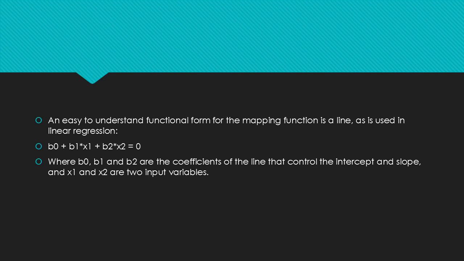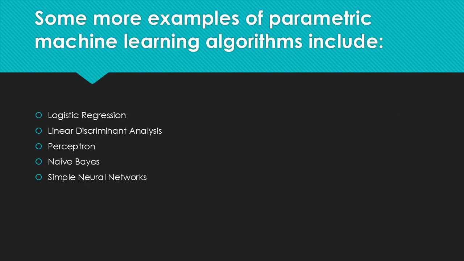This is the form that we have selected for linear regression. The mapping function that we have used, you can easily see, is in the form of y is equal to mx plus c, which is a line function. Here b0, b1, b2 are the coefficients and x1, x2 are the input variables.